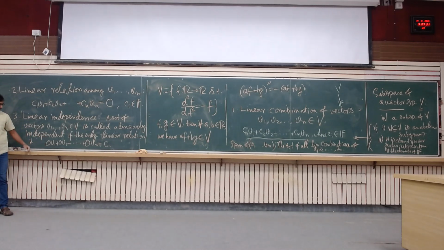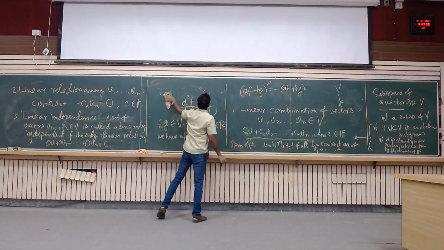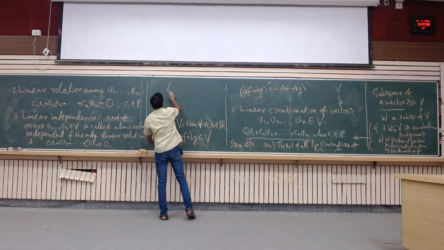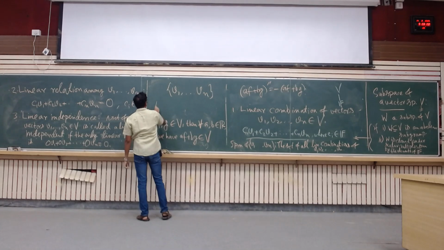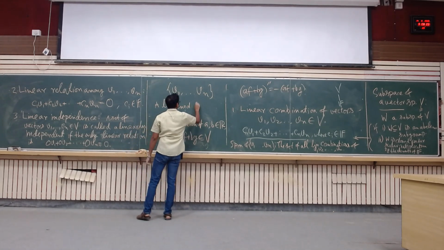That means if you have such a linear relation, all of these coefficients are bound to be 0. If that is true for a set of vectors v1, v2 to vn, then this set is called a linearly independent set.